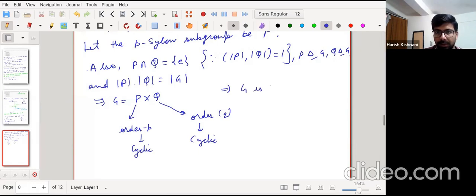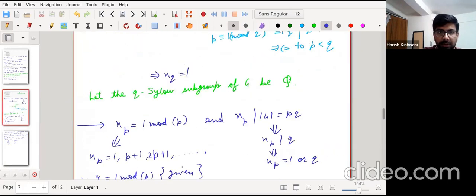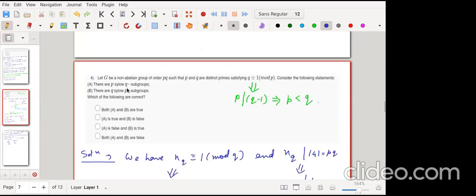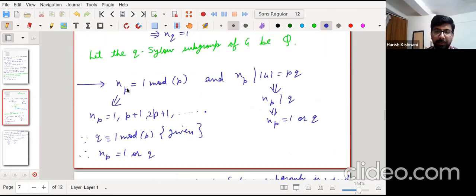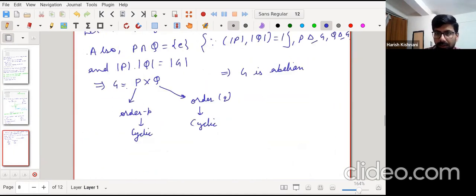But we assumed that G is non-abelian, right? So it's a contradiction to the non-abelian property of G, which leads to a contradiction.